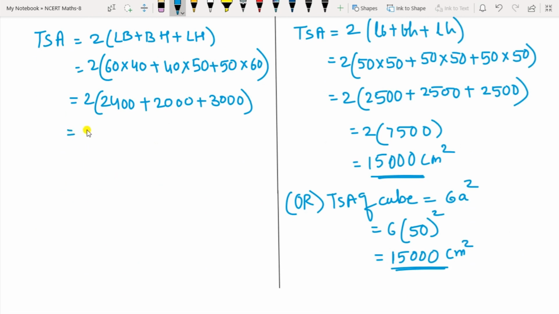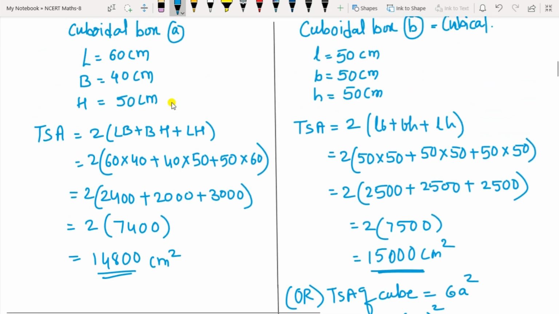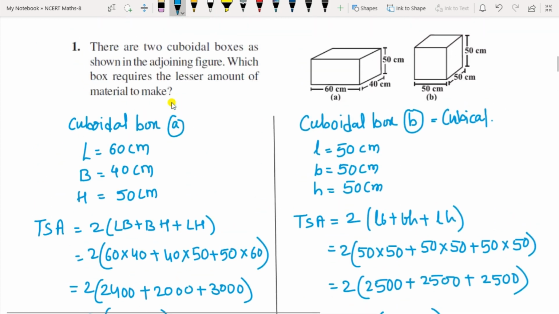After adding you will get 7400, and multiply this 2 with this one. You will get 14800, and the unit will be centimeter square, since the length, breadth and height are given in centimeter. So that is the total surface area of the cuboidal box A.